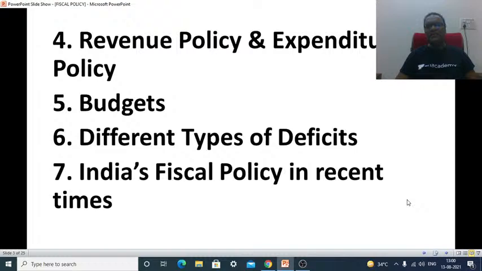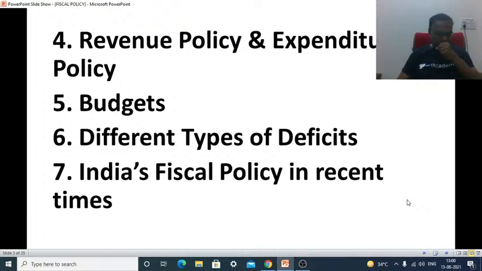China's public debt is 280% of its GDP, but its economy will not collapse. Take the case of the United States of America. Its deficits are very very high. It does not really matter. What really matters then is the quality of fiscal deficit.